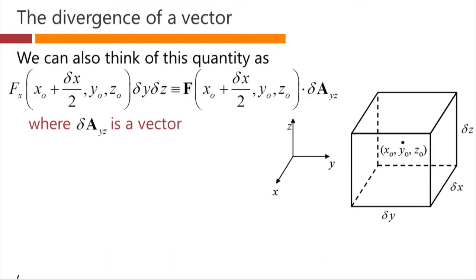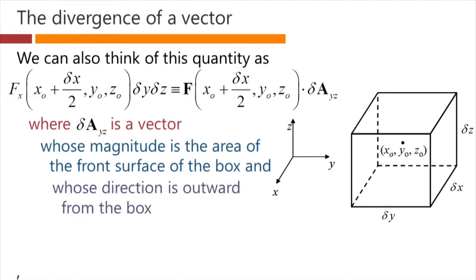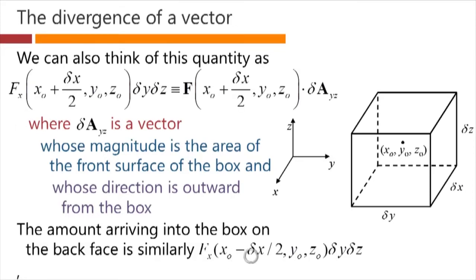This is a vector whose magnitude is the area of the front surface of the box, and its direction is outward from the box, so along the x direction here. The amount arriving into the box on the back face we can calculate in a similar way. In this case, we will be using x0 minus delta x over 2 as the position, of course, of the back face of the box.